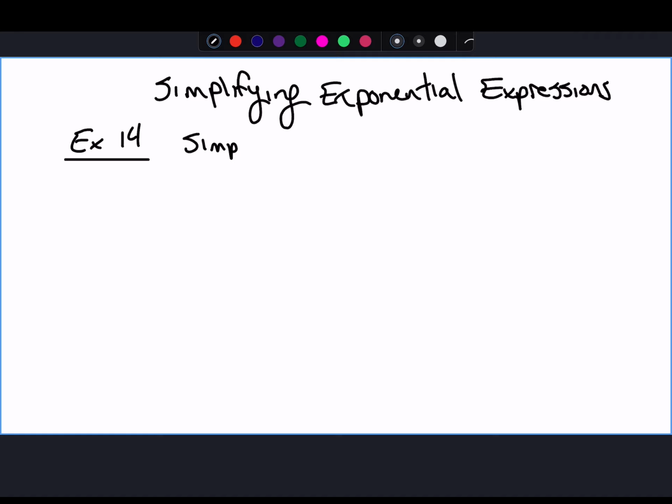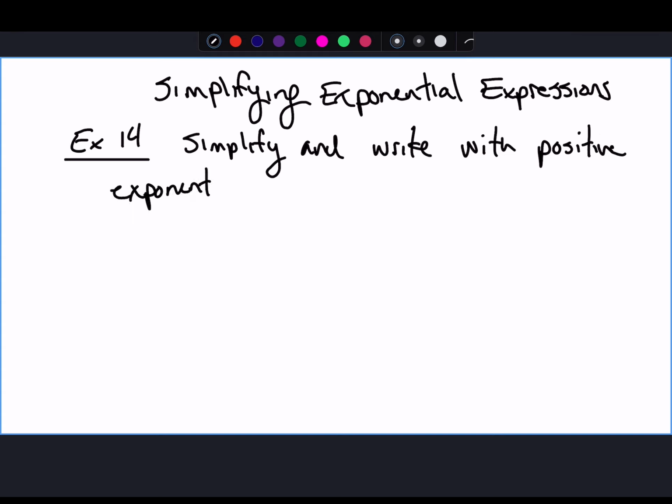So we want to simplify and write with positive exponents only. And our expression is x to the 8th power times x to the negative 12th power times x.